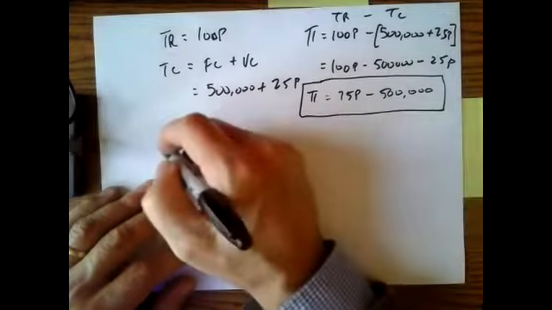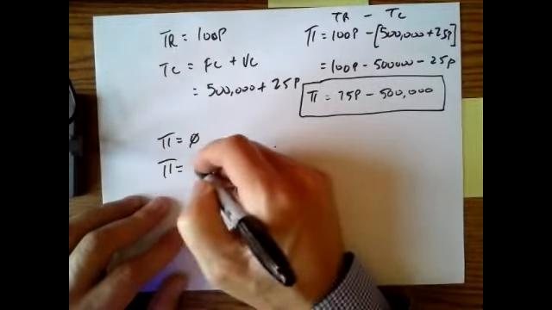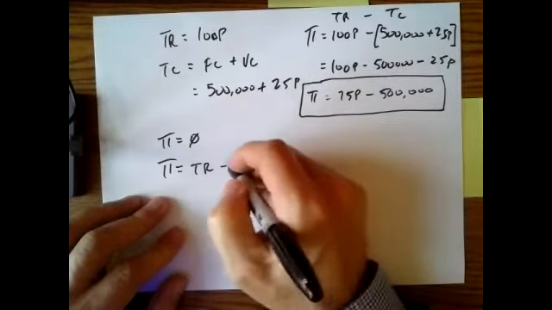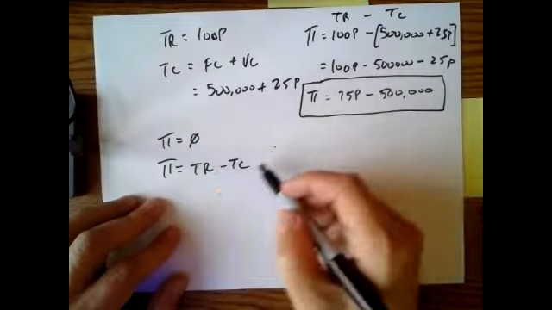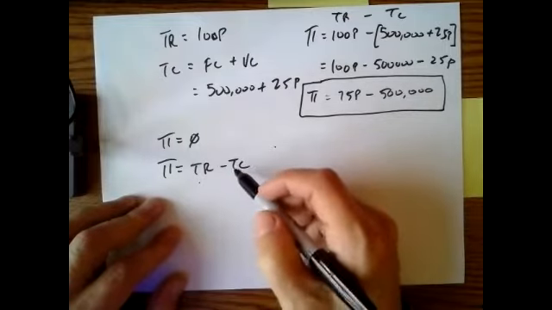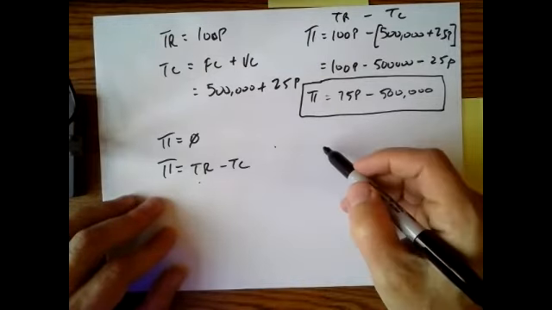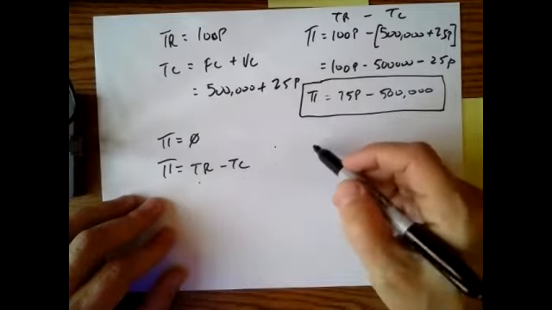Break-even occurs when profit is equal to zero, because remember, profit is total revenue minus total cost. So break-even is where profit is zero because total revenue is equal to total cost. We have some amount of revenue coming in and some amount of total cost as a result of the number of procedures we're doing.